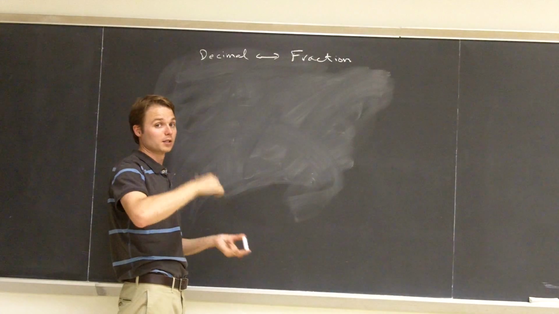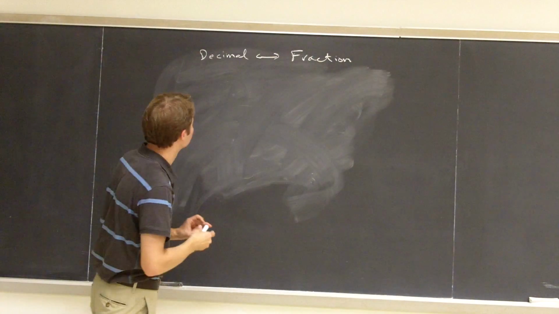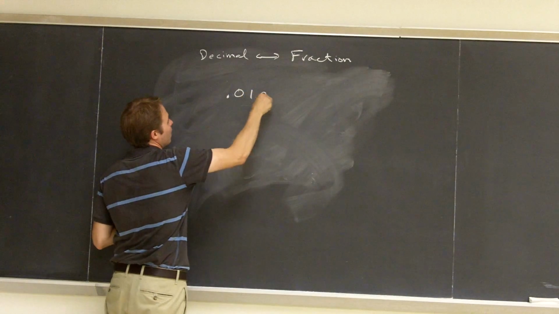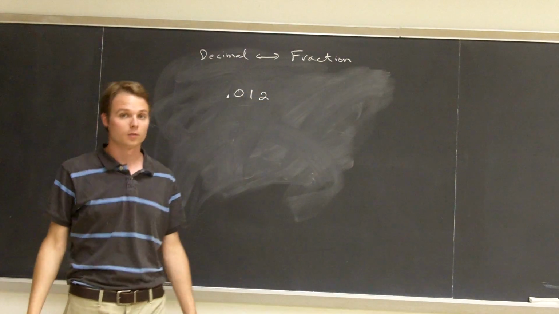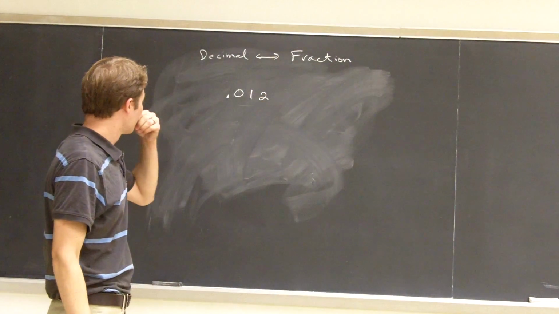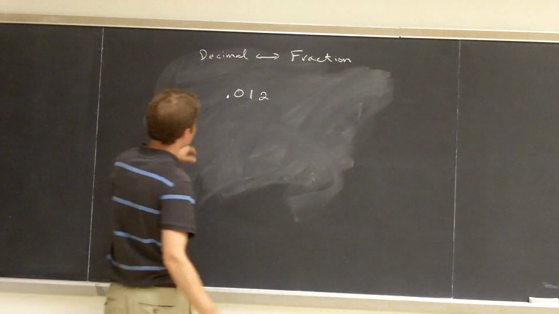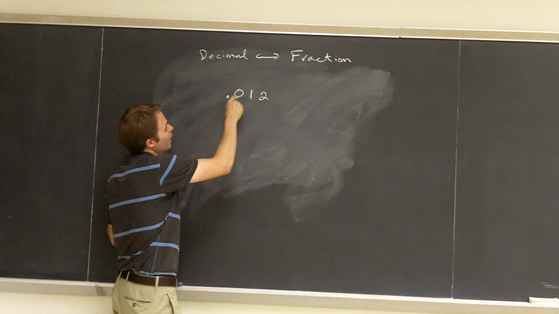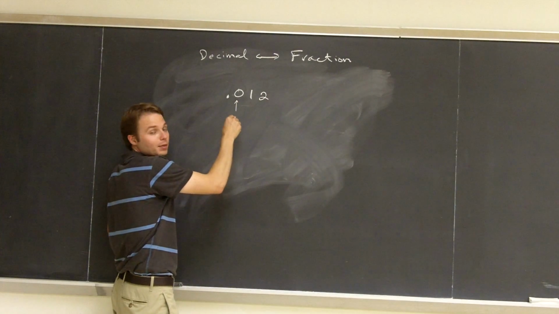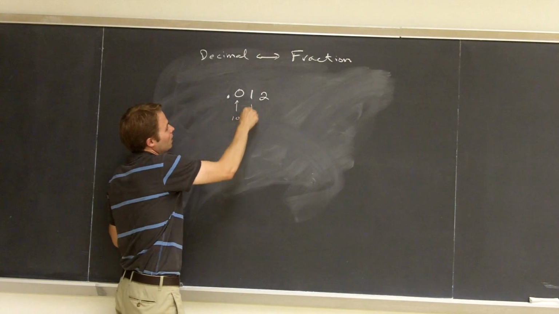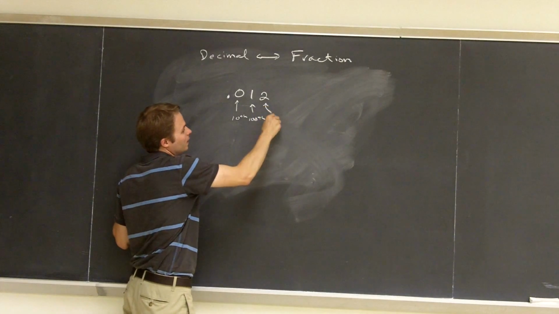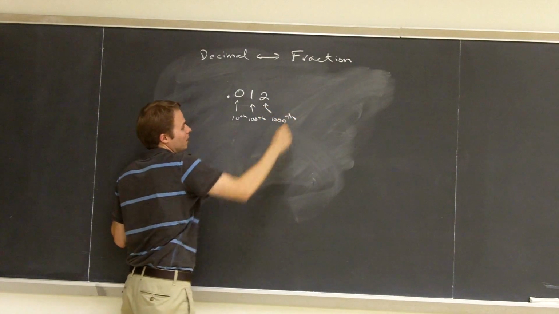Let's start with the decimal to fraction conversion. So maybe something like 0.012. What we need to ask ourselves is, how far over are we in the decimal? What place are we? Well, this is the 10th place. This is the 100th place. And then this is the 1000th place in a decimal.